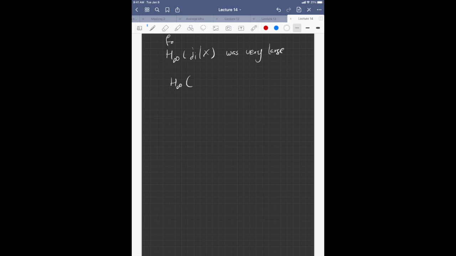So for any i in m, we knew that in the neighborhood of x is a bunch of these coordinates j1 to jm, and we look at a particular value of a particular row. The value that the ji took was uniformly at random from, or its min entropy was very large.